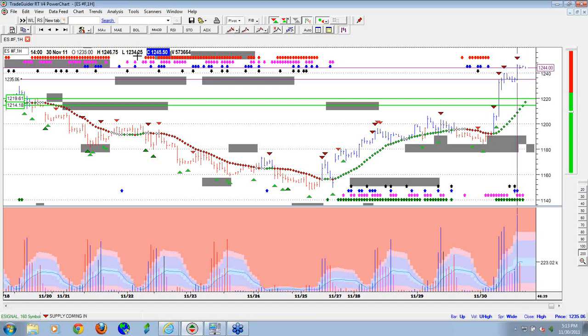So a 10-point move down overnight is very, very likely. If you're going to trade the Globex, that's where I'd expect it to go. And then we're going to look very closely at the bottom of this bar tomorrow morning as we set up the trade. That's going to be a very key area at around 1235.